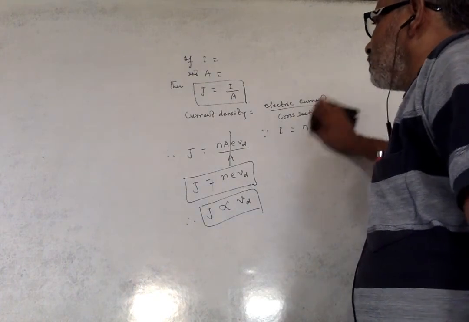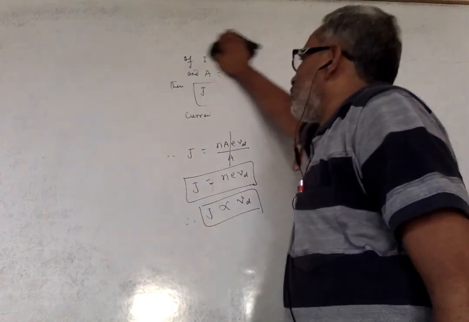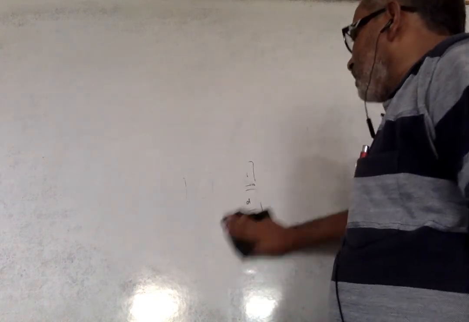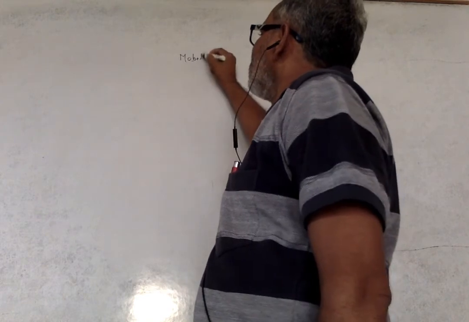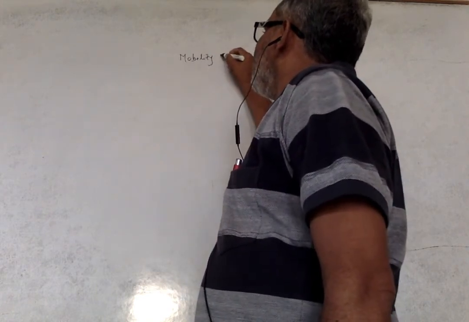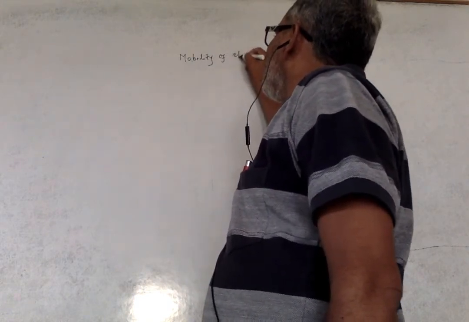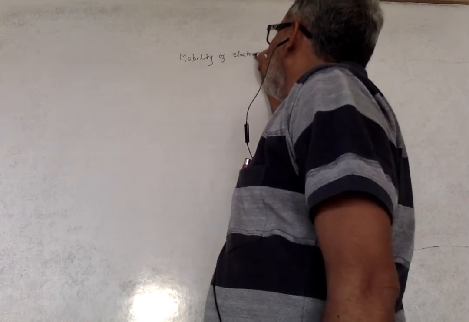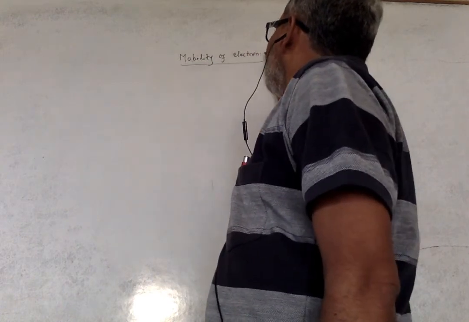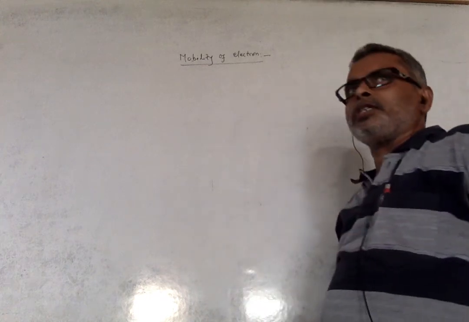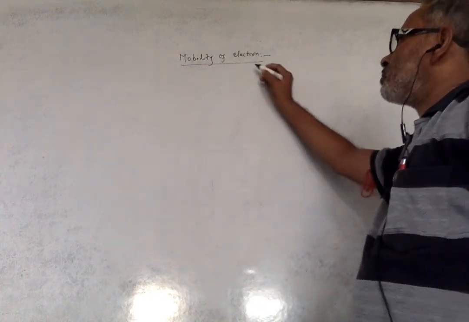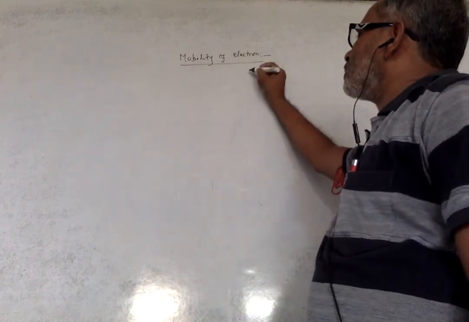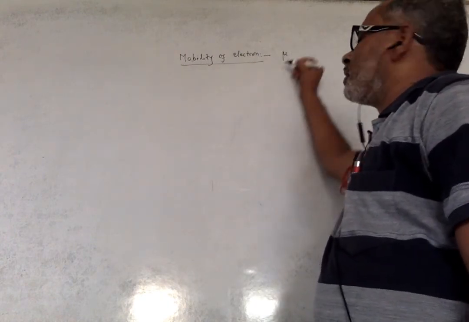Next term, mobility of electron. The drift velocity per unit electric field is called mobility of electron. It is generally denoted by mu.